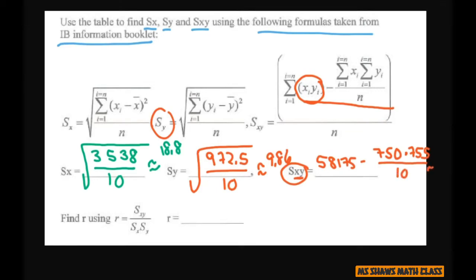And that's approximately 155. So there's our three numbers that we have.